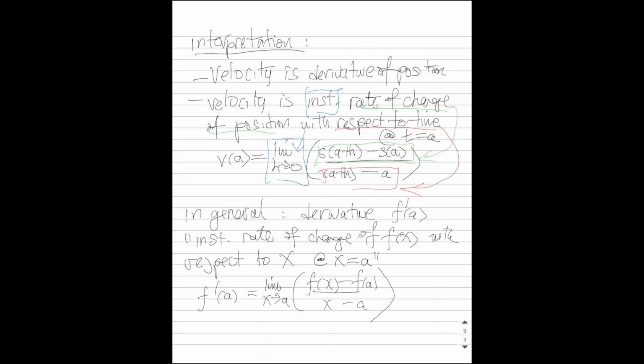The instantaneous part comes from a limit. Which function is changing? It's the thing upstairs. And what is it changing with respect to? Whatever the variable is downstairs. And this allows us to generalize the derivative as an important tool. It measures how things change in all sorts of circumstances.